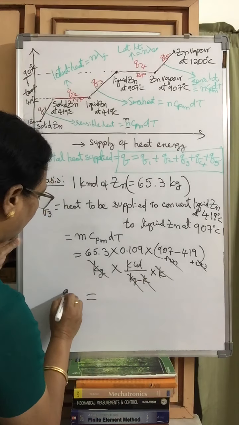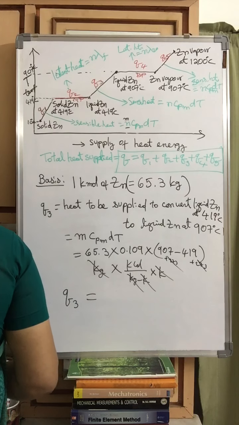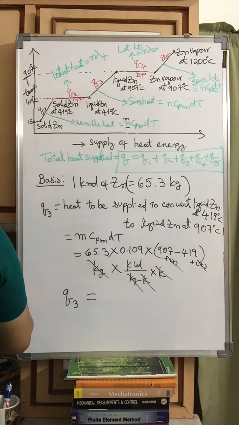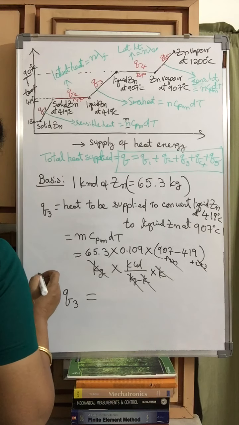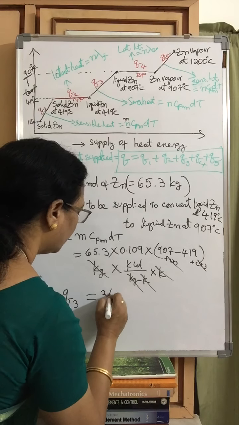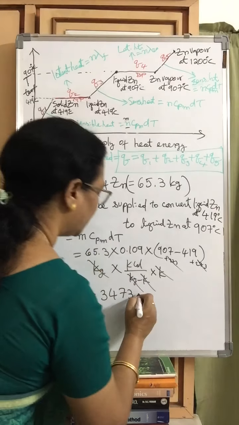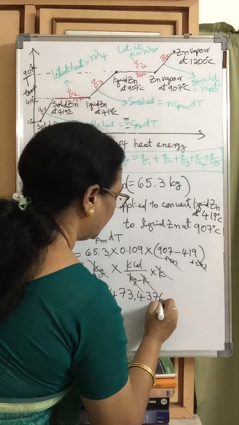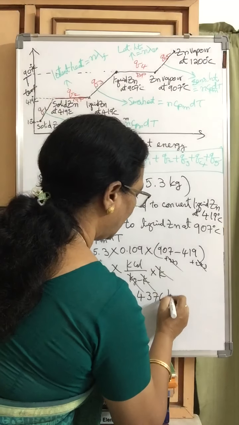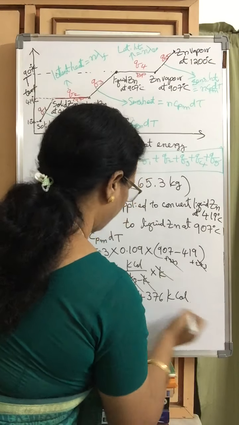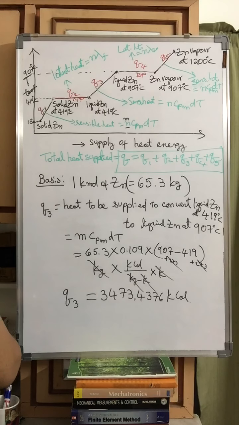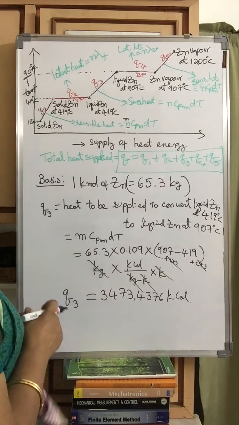You will get Q3 is equal to 3473.4376. Maybe there is a small difference, we don't know. You check if there is a difference in the value. 3473. Okay, so this is the Q3 value.